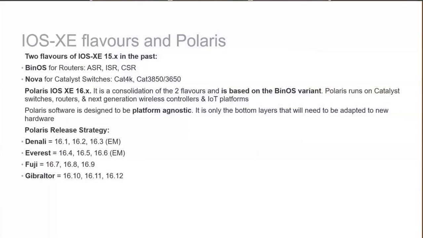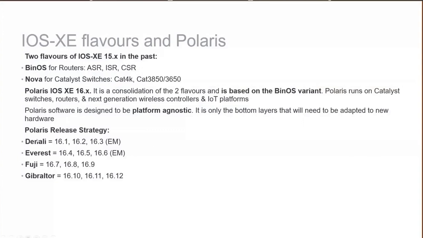Then simultaneously we had Nova release for Catalyst switches, but with Polaris BinOS releases like 16.x releases, we merged both of them into one, and Polaris can run on all Catalyst switches, routers, and some of the other like wireless and IoT platforms as well. So it's platform agnostic. It is only the bottom layers that will be adapted to new hardware. So the software as such will be the same for all the platforms.